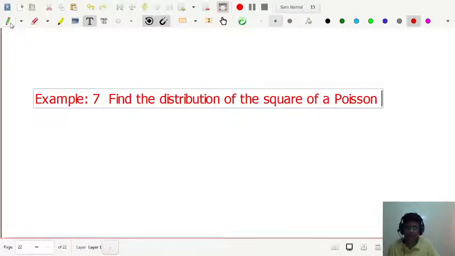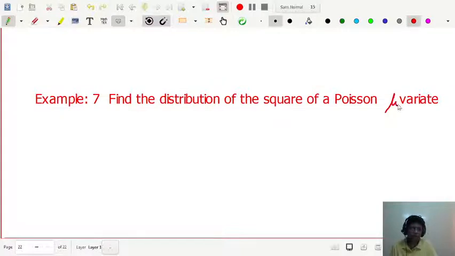This is for discrete distribution. That is the Poisson distribution; we can write here the mu, Poisson mu variate. Okay, that is the question. So find the distribution of the square of a Poisson mu variate.